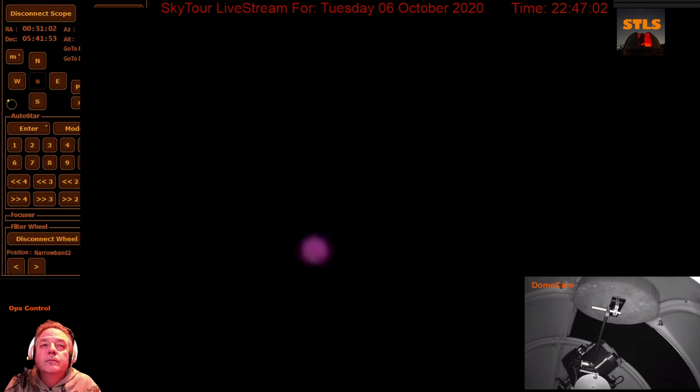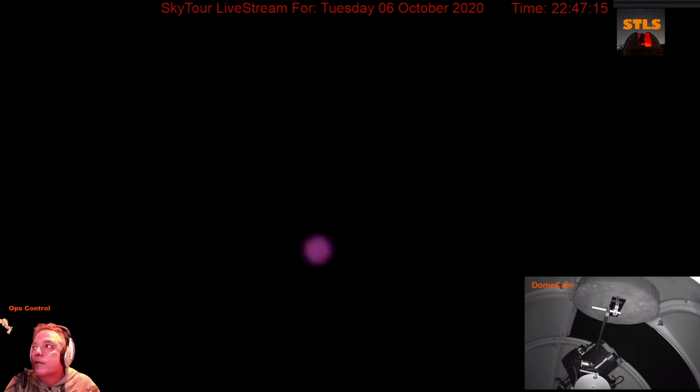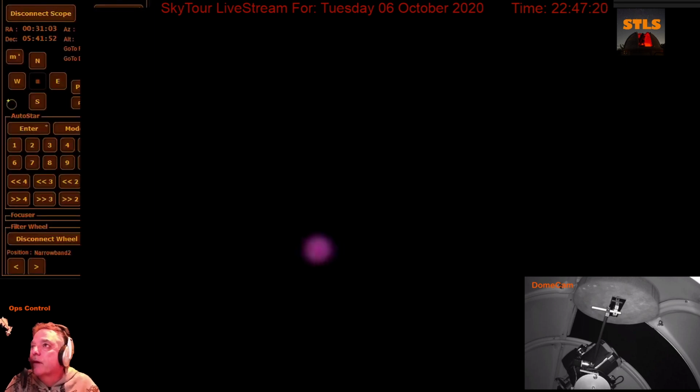And the way it's dancing around now, the seeing might have gotten worse. Well, we do have haze up there, remember? So here I am trying to focus, and I could be just in an endless cycle of trying to get this to focus when it just doesn't want to focus. Usually it's pretty easy just to focus.